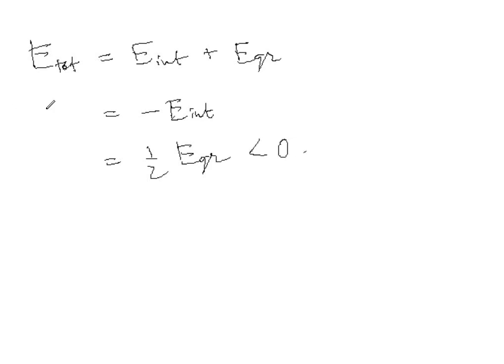So the total energy of a star is equal to half of its gravitational potential energy. And this has very important consequences. So let us discuss the consequences.